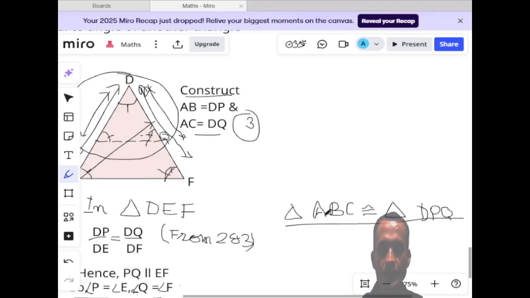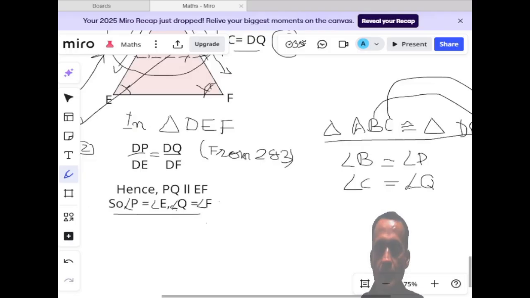If they are congruent, then that means angle A is already equal to angle D, angle B is equal to angle P, and angle C is equal to angle Q. But we have already proved that angle P is equal to angle E and Q is equal to F. So from this equation and these two equations, what do we get?